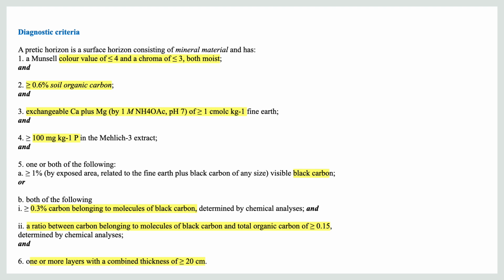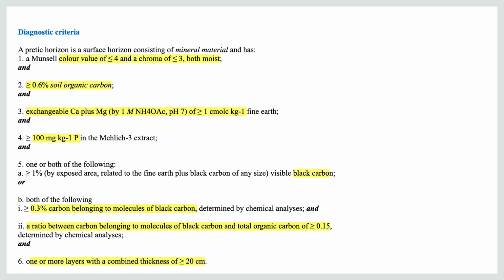So if the content of carbon that's related to ash or charcoal, which I can measure with the total organic carbon in some equipment, gives a ratio equal or higher than 0.15, it helps to identify it as a pretic horizon.